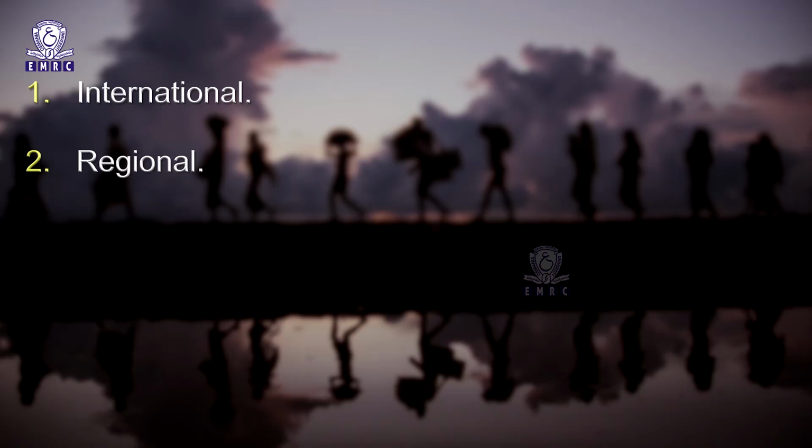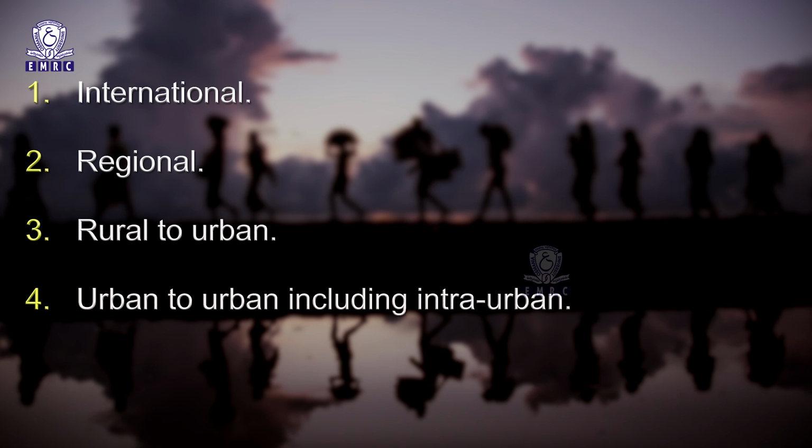These figures show the trends in volume of migration through the five stages of the demographic transition model at four different scales: one, international; two, regional; three, rural to urban; and four, urban to urban including intra-urban. In addition, Zelinsky prepared graphs to show the interrelationships between migration and circulation, that is, short-term, generally repetitive movements over the five stages.